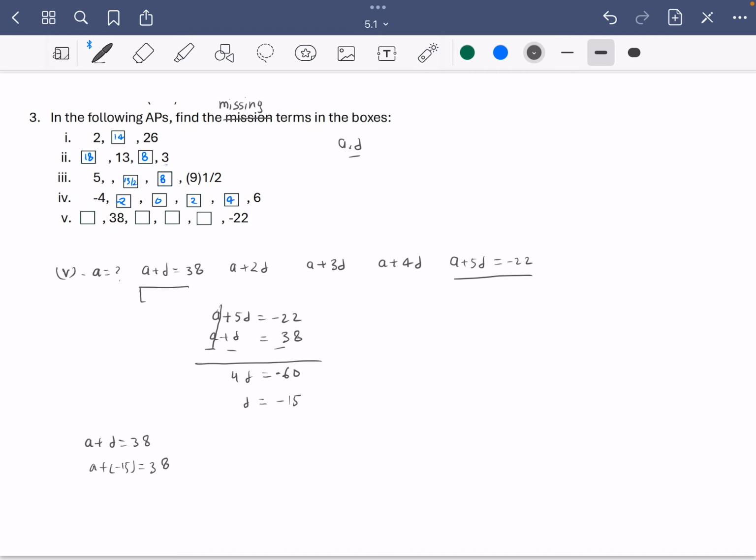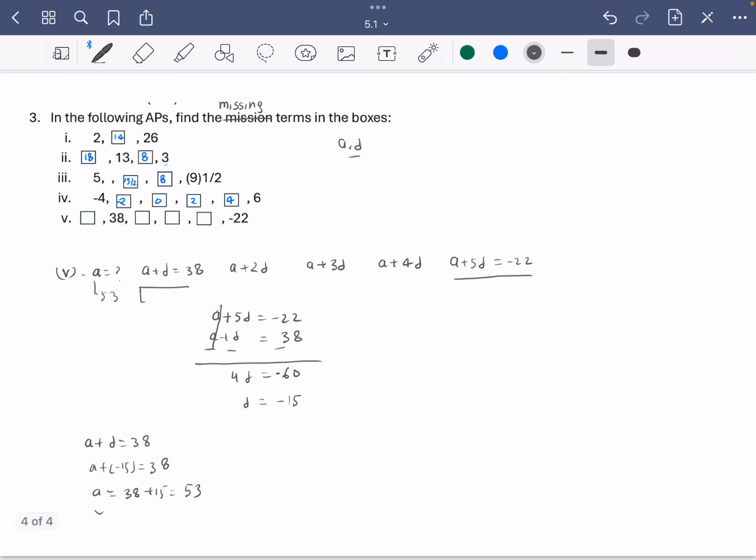No, we are going right. 38 plus 15 is 53. So the first term should be 53. A is 53.